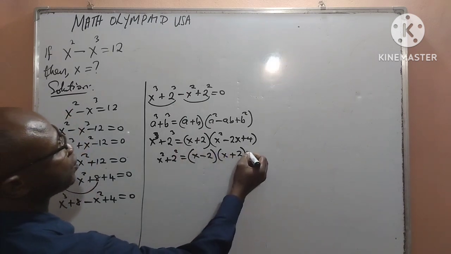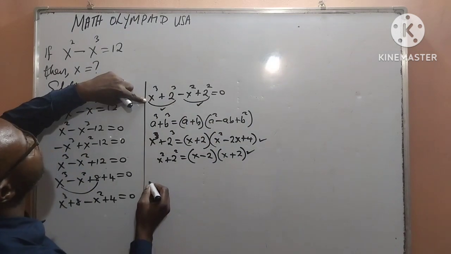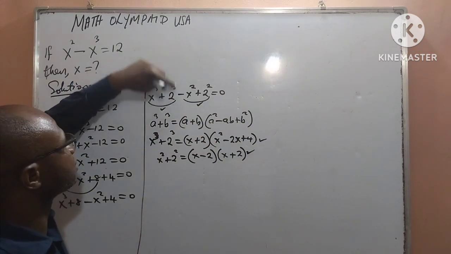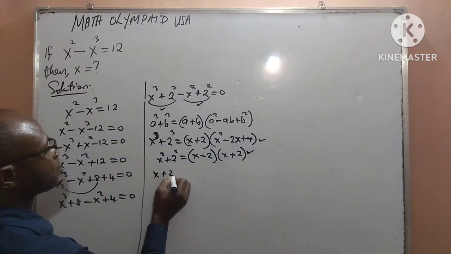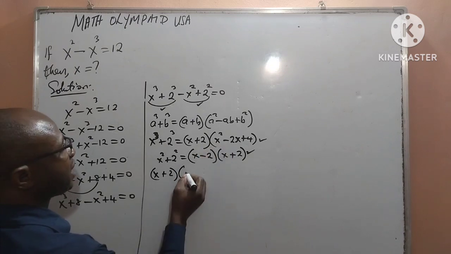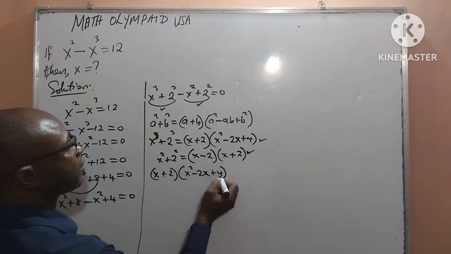Therefore, replacing these two values into this place, for x raised to the power 3 plus 2 raised to the power 3, I will now write x plus 2 into x to the power of 2 minus 2x, then plus 4.